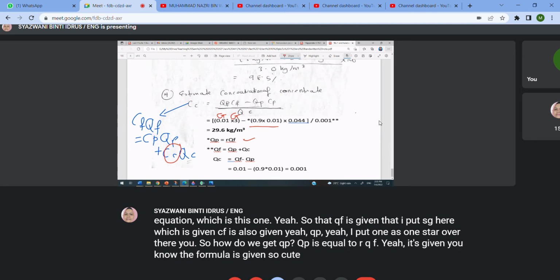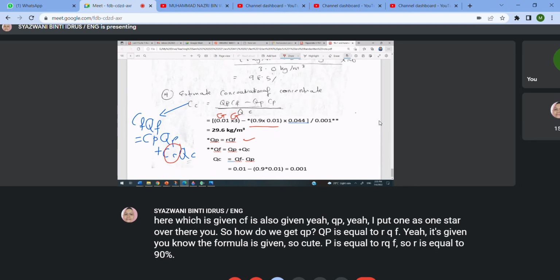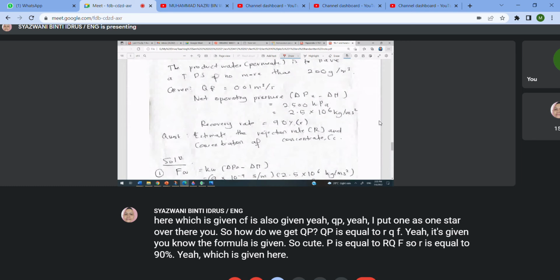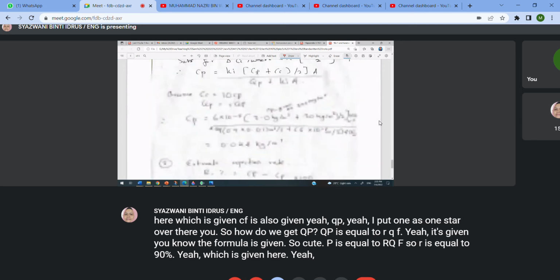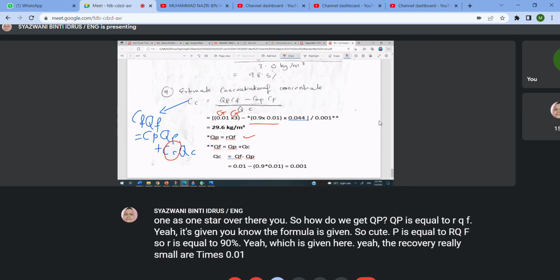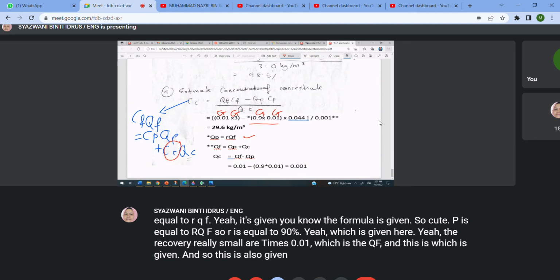So R is equal to 90%, which is given here. The recovery rate, small r, times 0.01, which is the QF, which is given, and 0.044 is the CP.